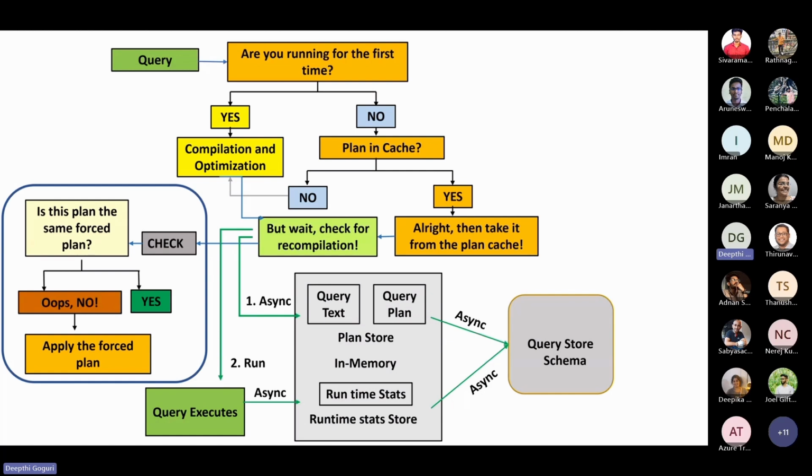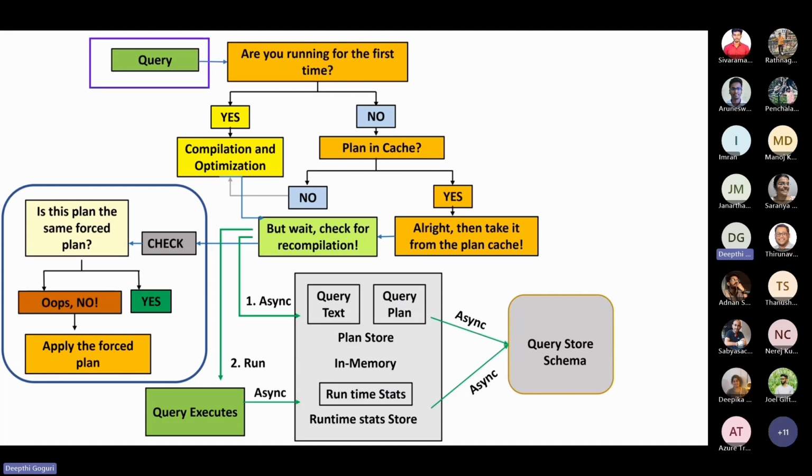So, let's say we are executing a query here. We enable Query Store on a database and we run a query for which we force the plan. We are going to see how plan forcing runs behind the scenes. But take any query. It doesn't matter whether the query is running for the first time or whether it is using Query Store or not.